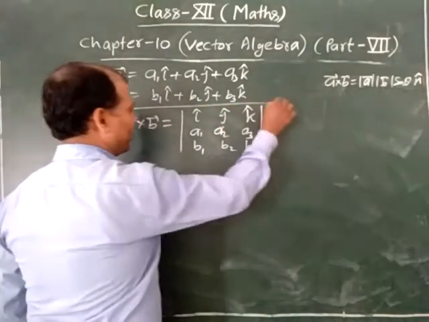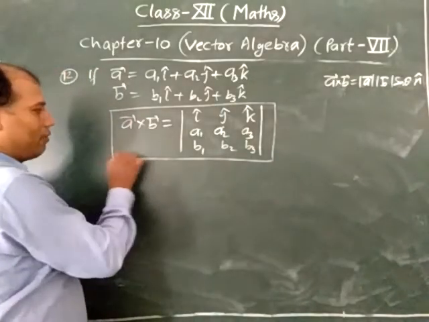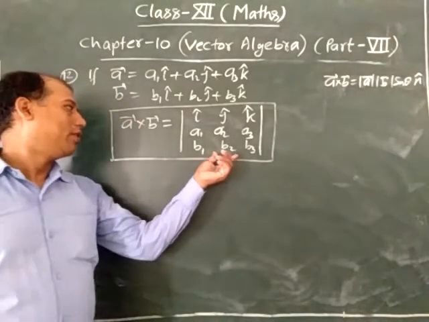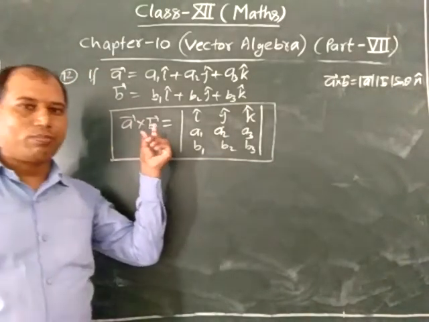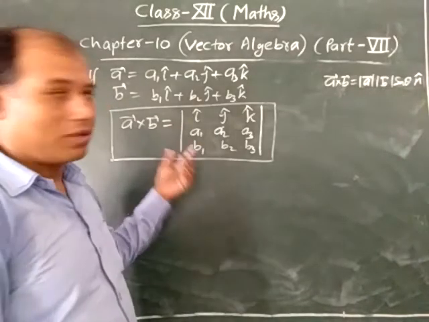So A cross B is equal to the value of this determinant when A and B are given in component form. It is clear, students?